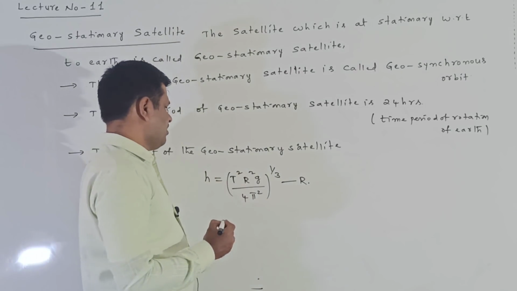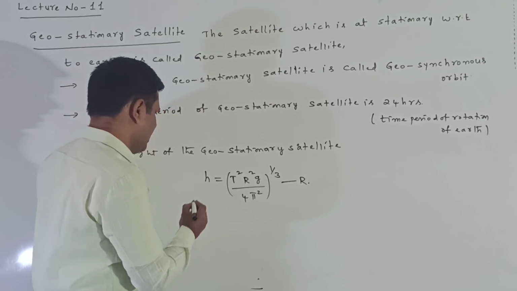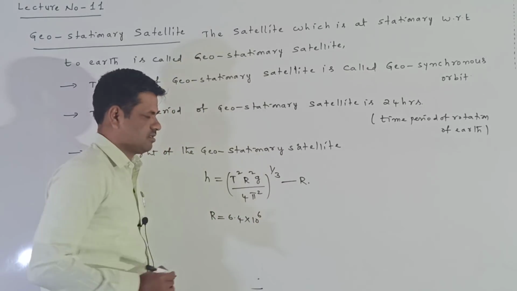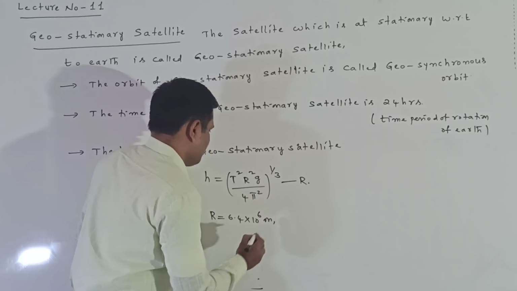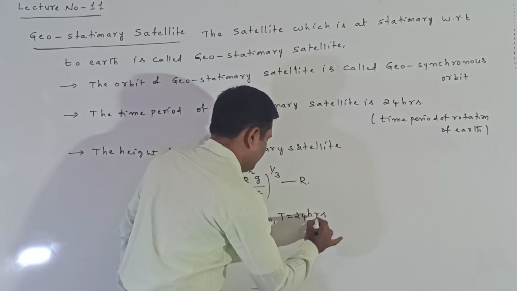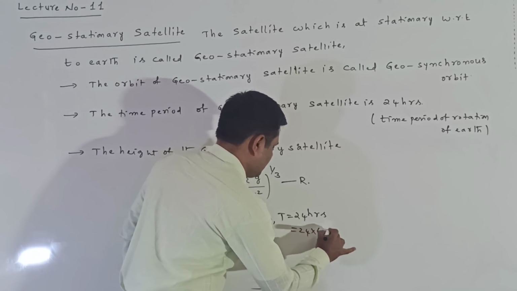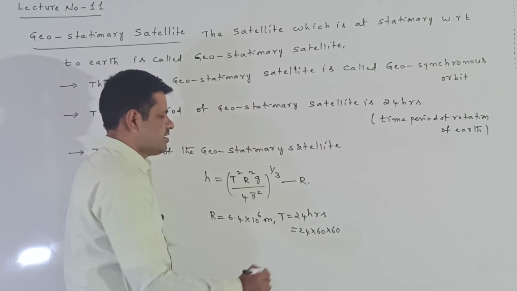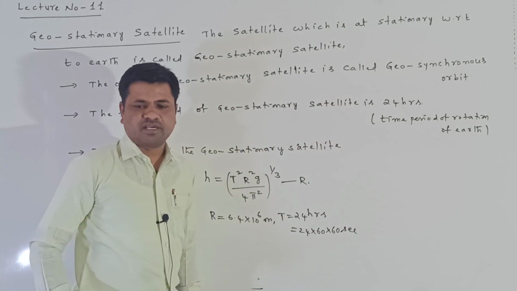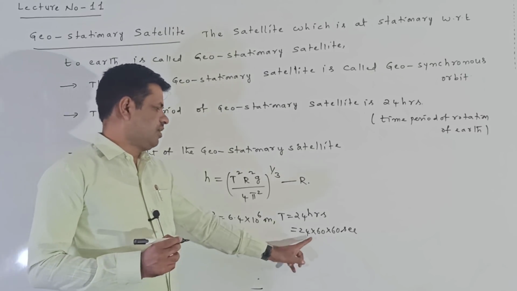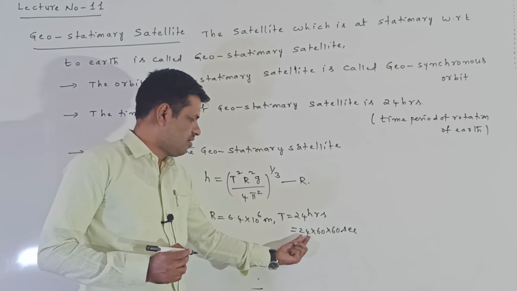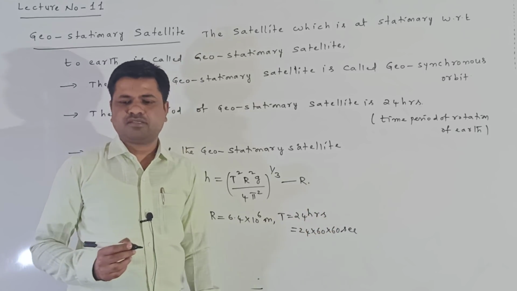Here we substitute the values. R equals 6.4 × 10⁶ meters, the radius of the Earth. The time period is 24 hours, which is 24 × 60 × 60 seconds, since 1 hour is 60 minutes and 1 minute is 60 seconds.